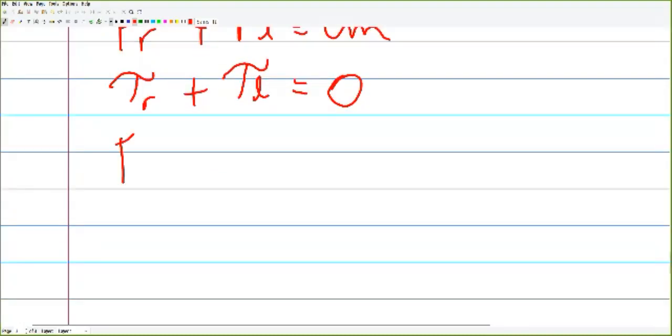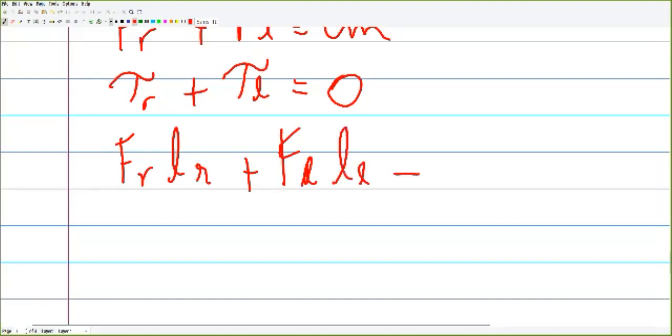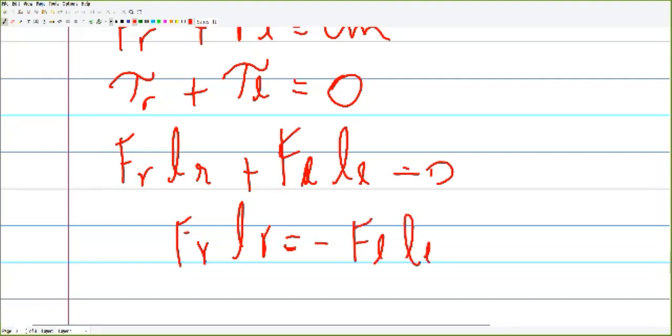And we know that torque is F times the radius, which is LR, so that's FR times LR plus FL times LL, that must be equal to 0. So FR LR is equal to minus FL LL.